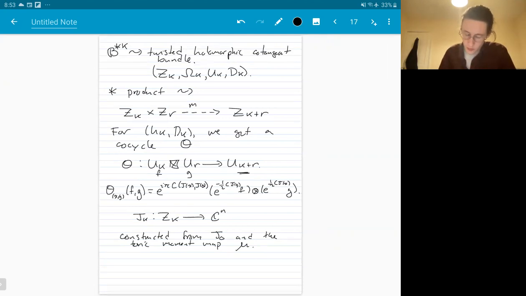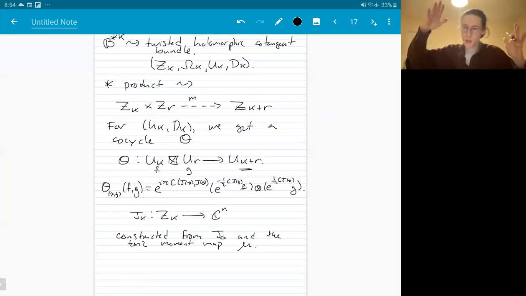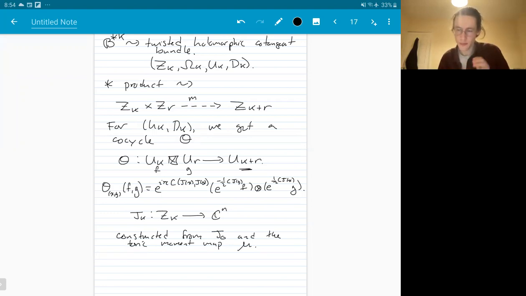One way of saying this is that you can package all of the spaces Z together, and it gives you a big holomorphic symplectic groupoid. It's Z-graded, and it's equipped with a multiplicative prequantization.